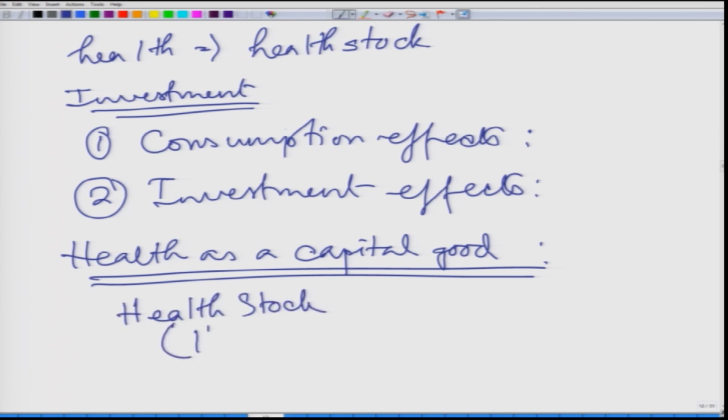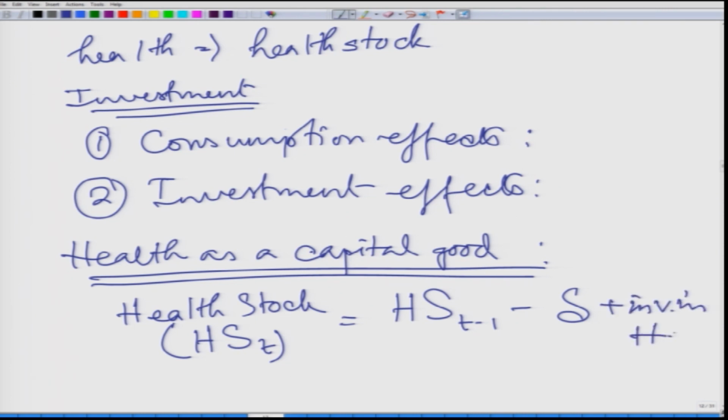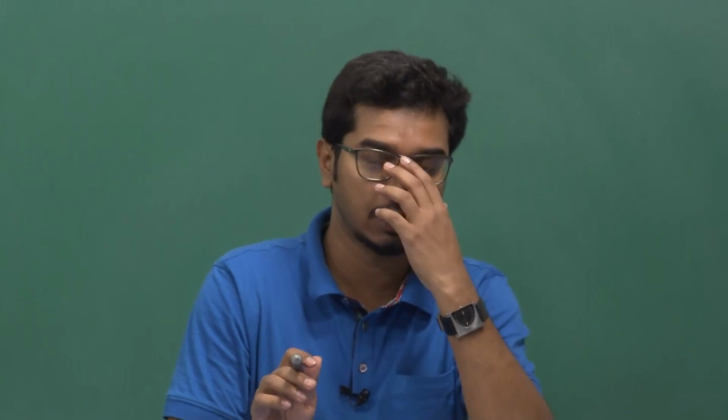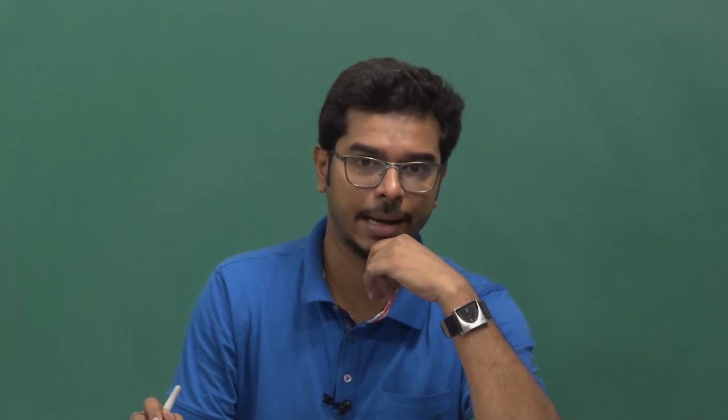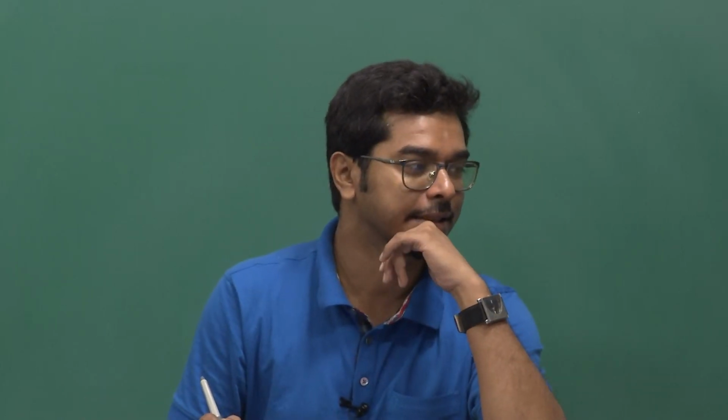If I call it HST at time period t, it will be dependent upon the previous period's stock, minus the depreciation of the health, as well as plus the investment in health stock in time period t. So this health stock in time period t has a time effect, and depends on the previous time period, the depreciation, as well as the investment I am making to improve my health in period t.